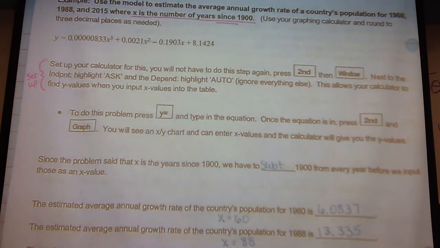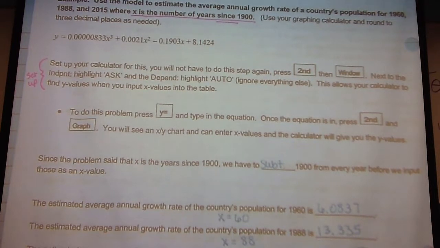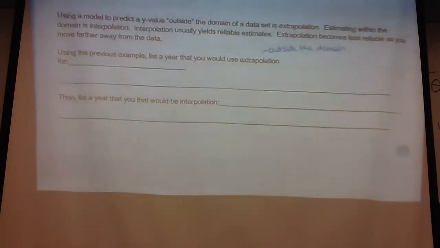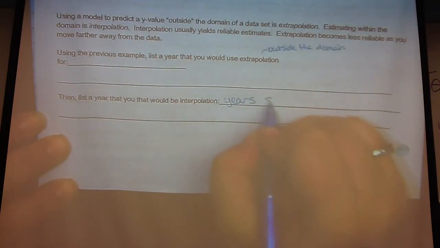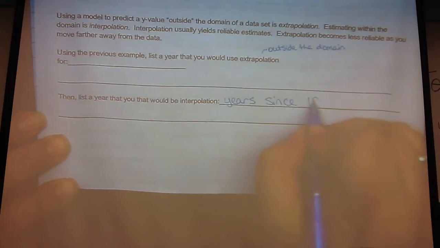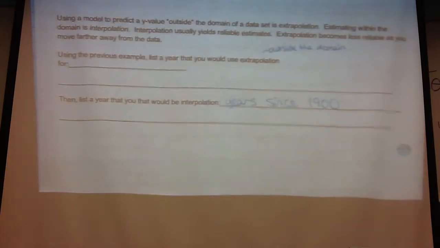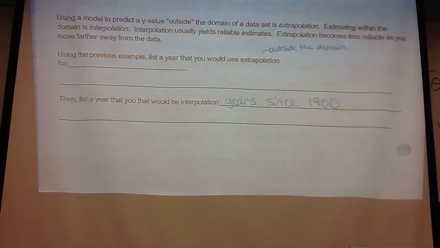So the interpolation, or what it's based on, is going to be the years since 1900. And we got that because it told us in the problem.